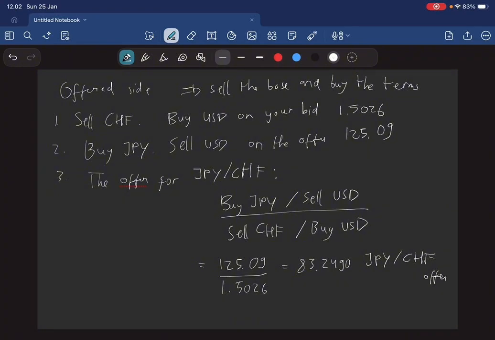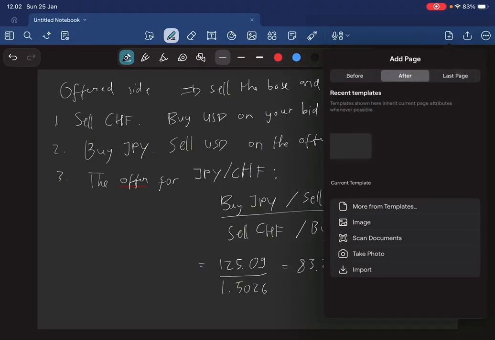To simplify, always remember what to do with the base currency of the cross. Then do the opposite with the terms currency.